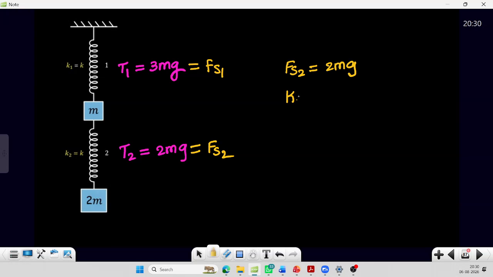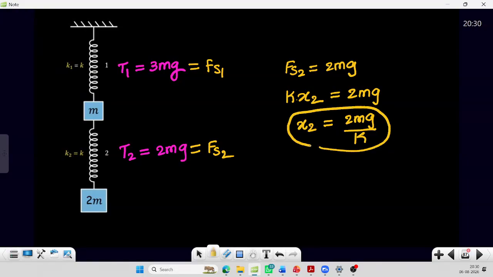Let us say the elongation here is X2. So K X2 equals 2 mg. From this, the elongation in spring 2 is 2 mg by K. This is the elongation in the second spring.